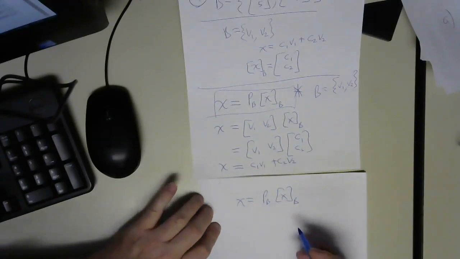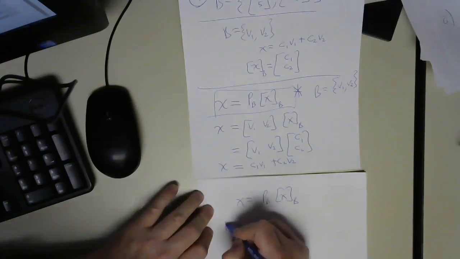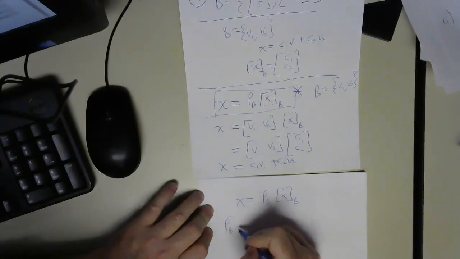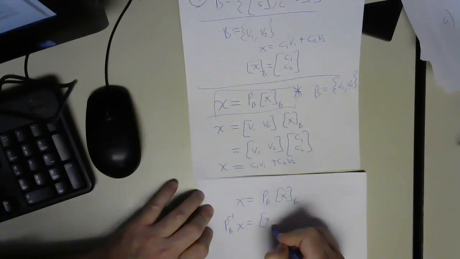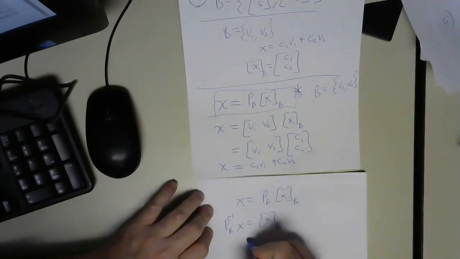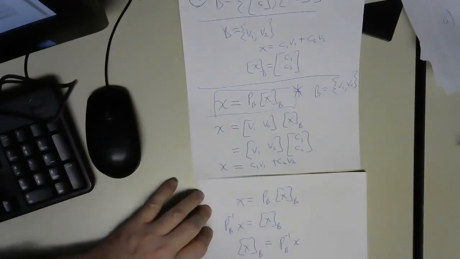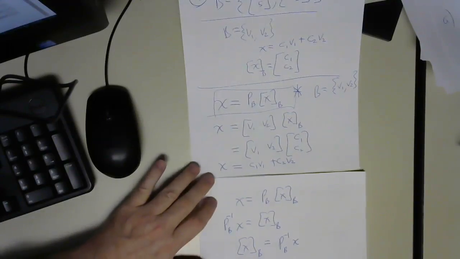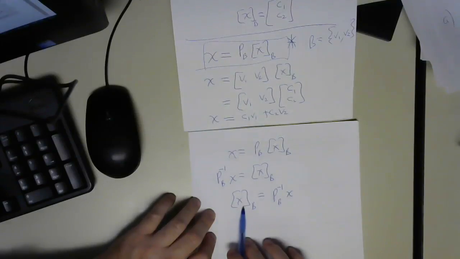All right? And it will be a square matrix. And that'll cancel it out and turn it into the identity. So another way to write it is like this. So it's really the inverse of the change of coordinates matrix times x. That's how you go from vector x to its coordinate vector.